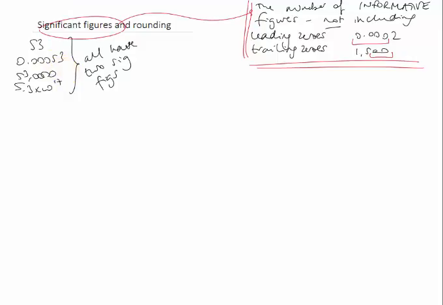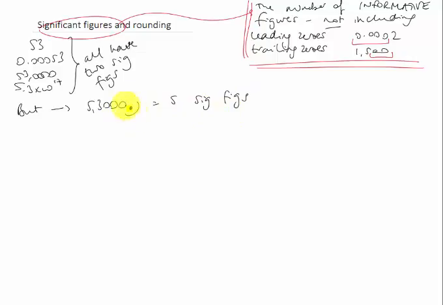There's a couple of exceptions, if you like, to that. Some things that mean we can have a load of zeros and still have them count. So for example, if I write the number 53,000 like this, that's got two significant figures, but if I write a decimal point at the end, that means that it's now 5 significant figures.